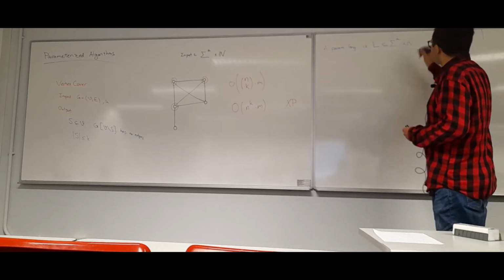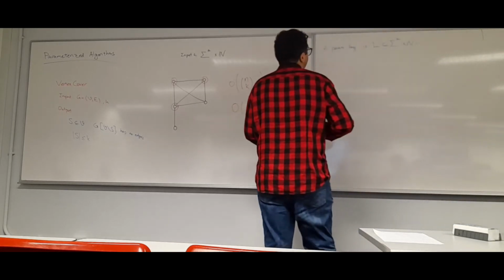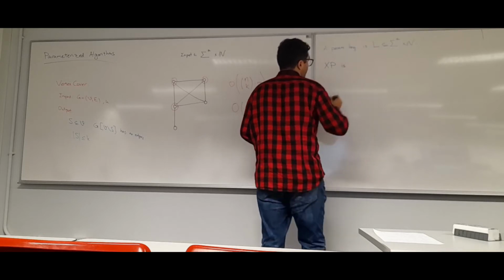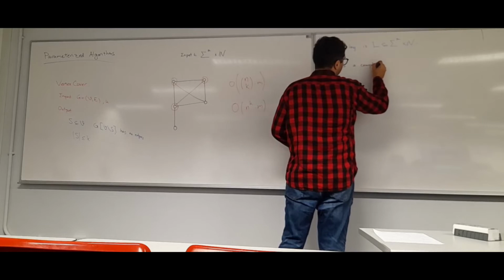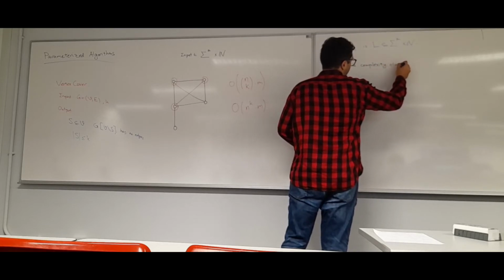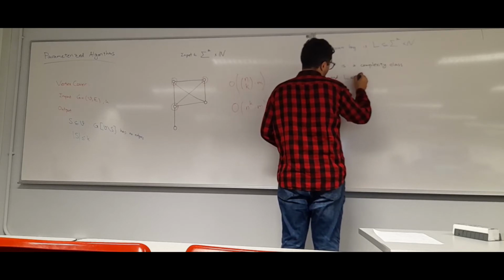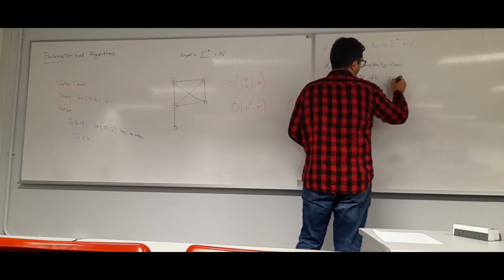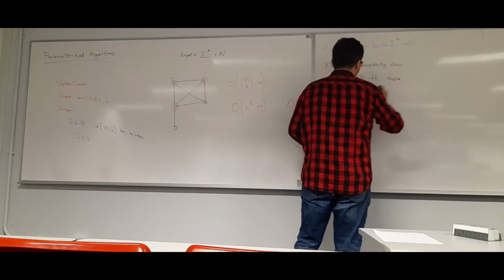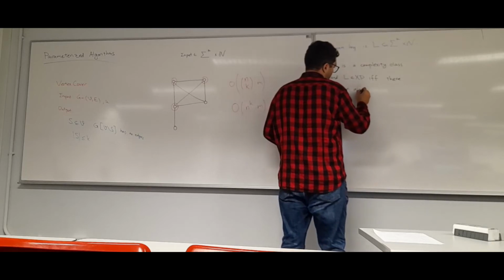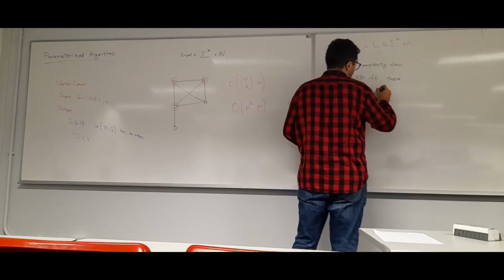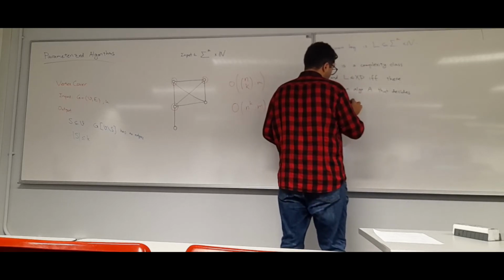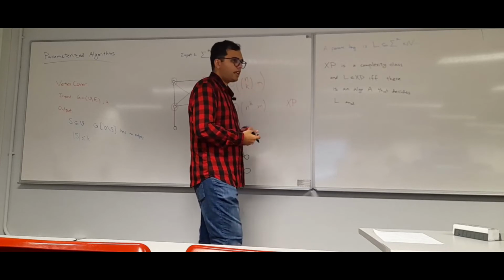Okay? Now, with this definition, I can then say that XP is a complexity class, a parameterized complexity class, and some language L is in XP if and only if there exists some algorithm A that decides L, and now I have to talk about how much time this A takes.